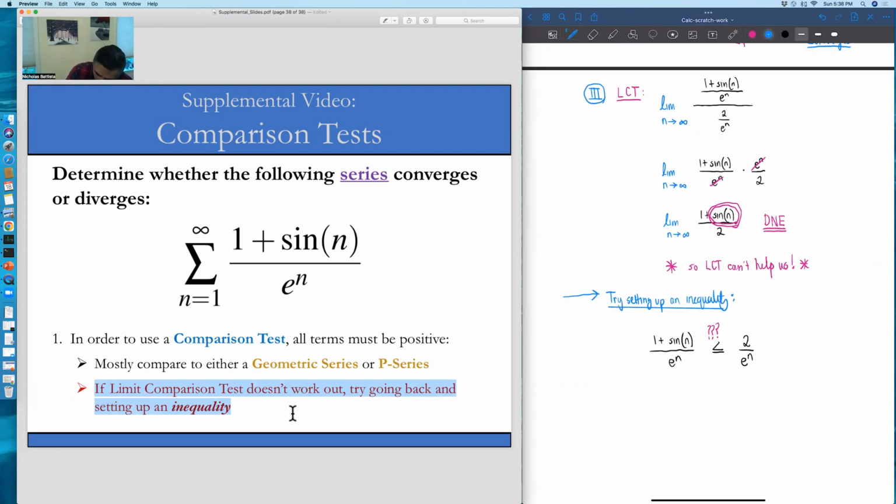We can cancel some terms off. We can cancel off an e to the n from both sides. Or if you imagine, we cross multiply these e to the n's and divide. So what we're really asking ourselves is, is 1 plus sine of n always less than or equal to 2?